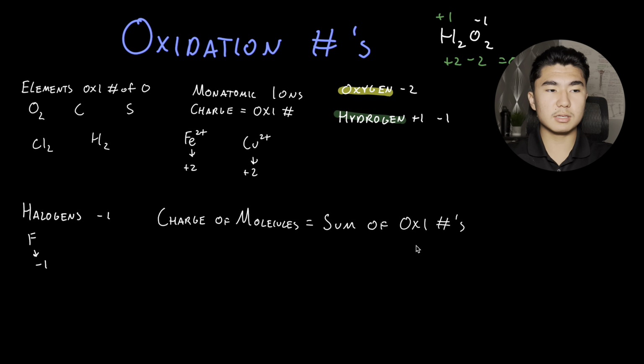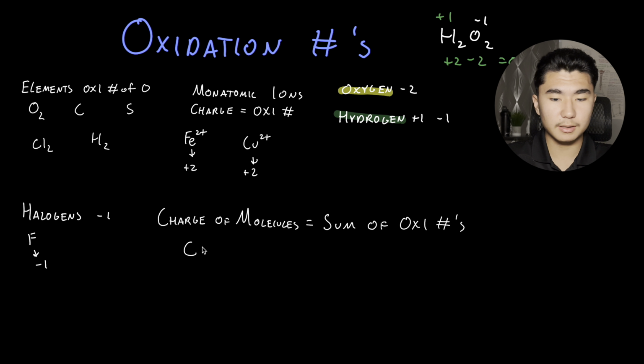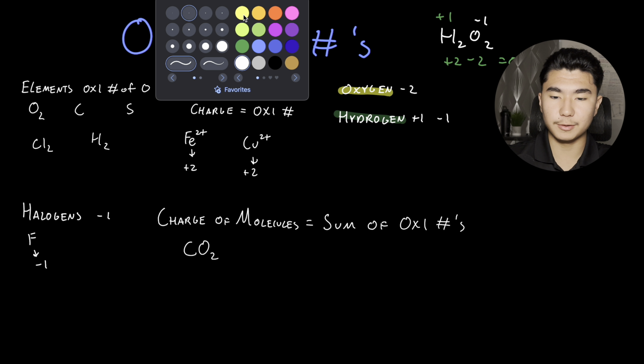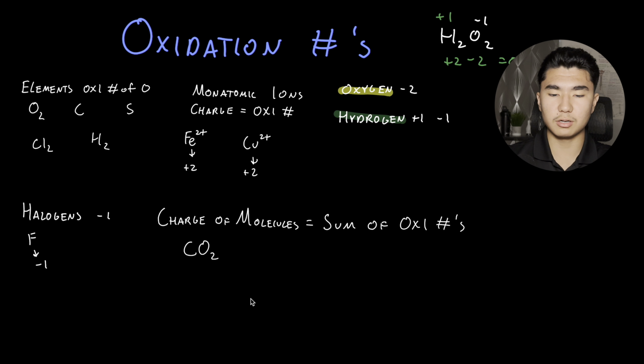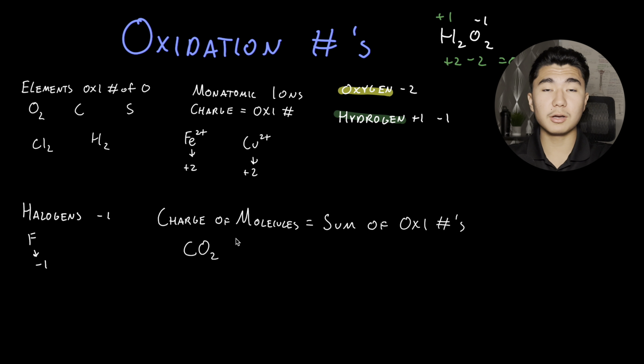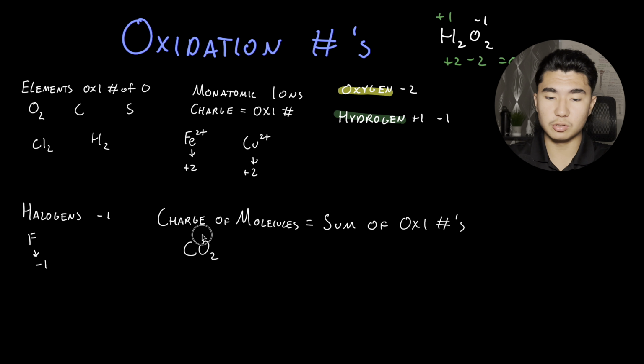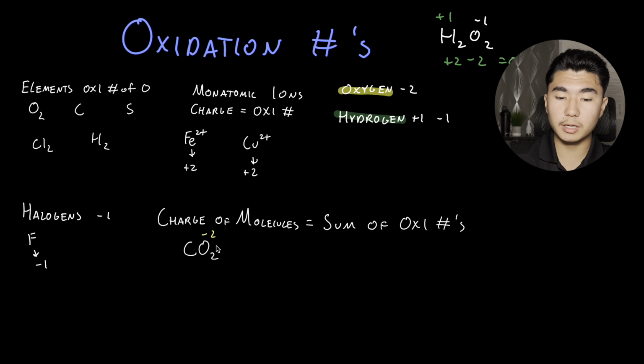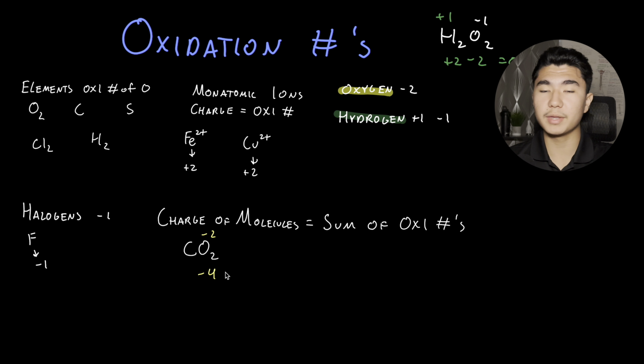Well, let's look at something like CO2, for example, carbon dioxide, and I'll have a different color code for oxygen. I'll just say oxygen is yellow. So oxygen, we know right off the bat, is usually going to be a -2 charge. So over here, we just have to put -2. 2 times -2 is -4, and our overall charge is 0. It's neutral.